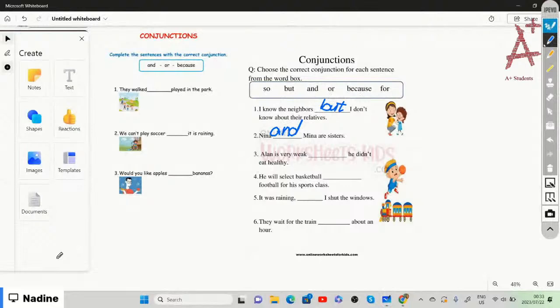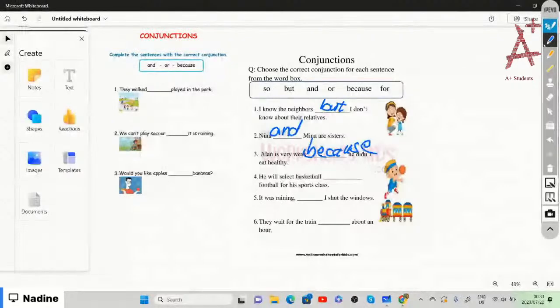All right, so if we look at the possible conjunction within the sentence, then we can say that Ellen is very weak because he didn't eat healthy. So Ellen is very weak because he didn't eat healthy.